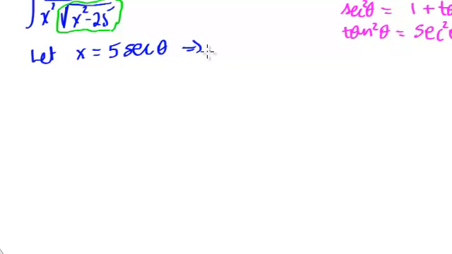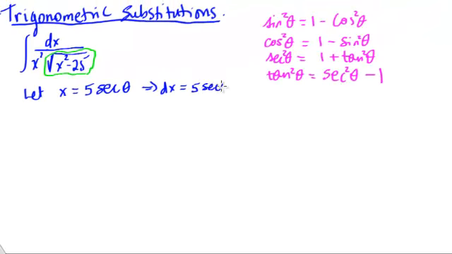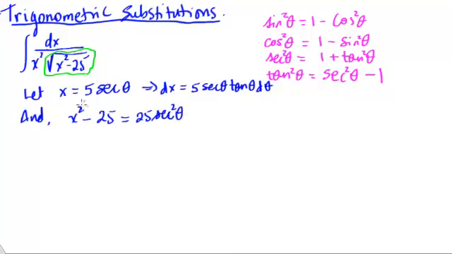Then dx becomes 5 sec theta tan theta d theta. Also, x squared minus 25 becomes 25 sec squared theta, since x is 5 sec theta, minus 25, which is 25 times sec squared theta minus 1.